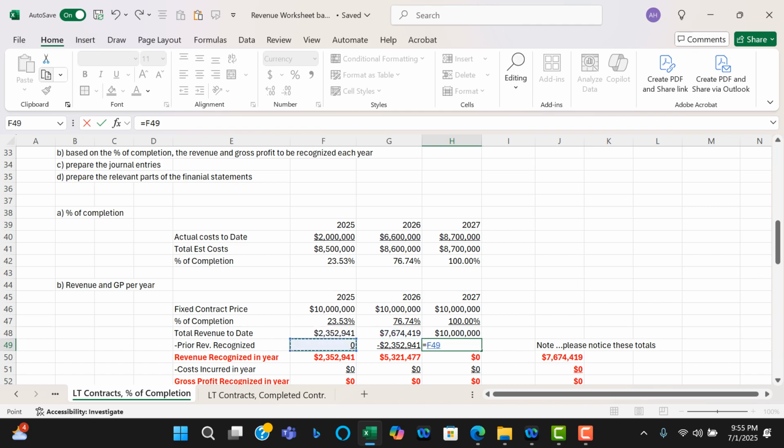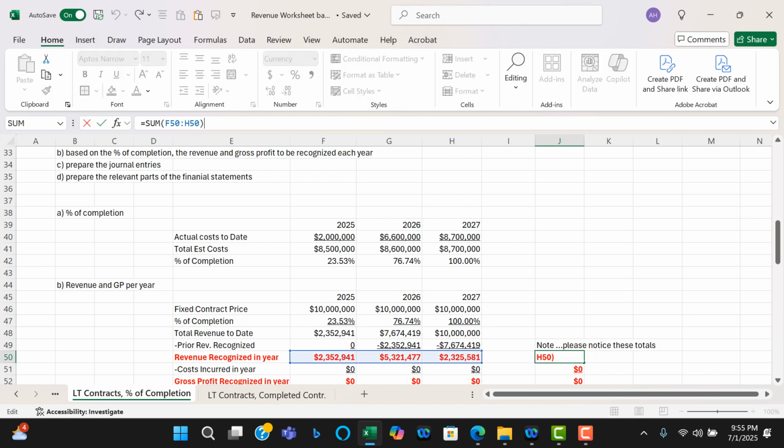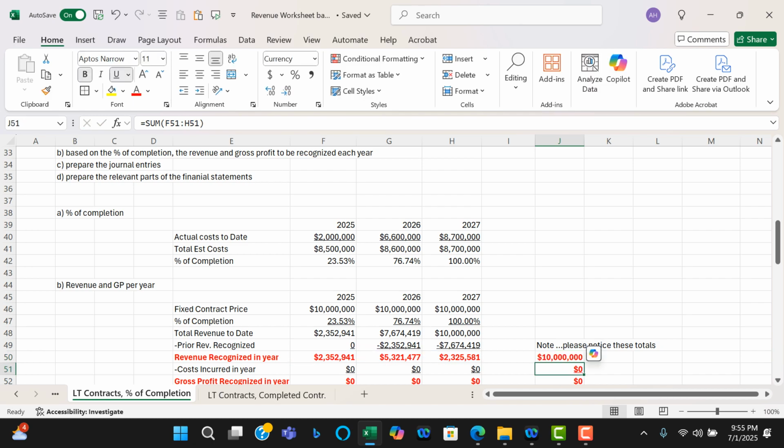It's either the sum of these two numbers, or you just take that number. So I'm just going to go minus that number right there, $7 million. So the amount of revenue that you're going to recognize in the final year is that number right there. And notice I added those numbers up, and they add up to $10 million, which makes sense. It's a $10 million contract.